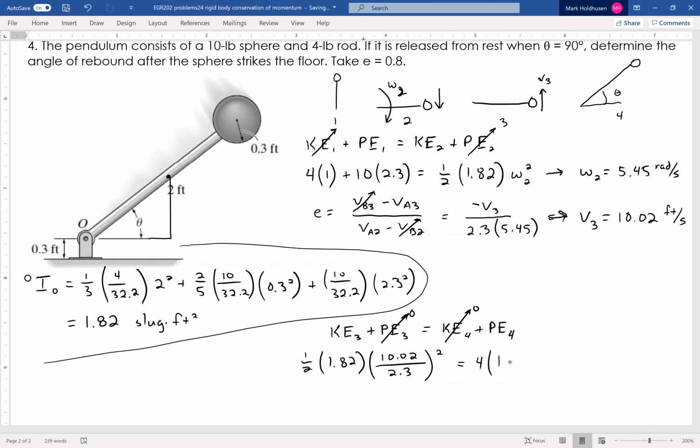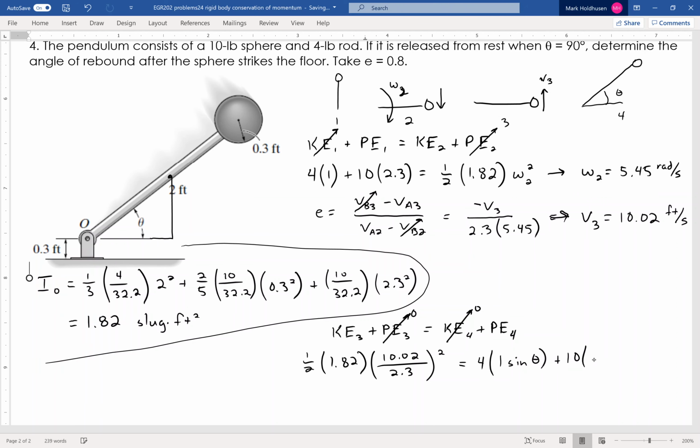So it's going to be 1 sine of theta. Similarly, I'll have 10 times 2.3 sine of theta, because again, that's how far that sphere will bounce up from its 0 potential. Okay, this is one equation, one unknown. I can solve and find that theta equals 39.8.